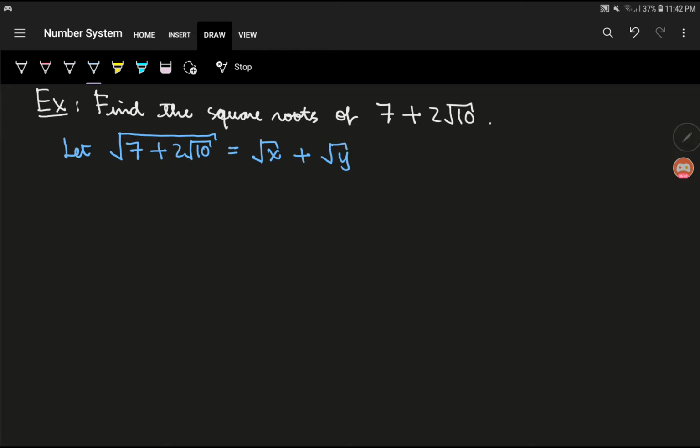So we begin with this step. Let √(7 + 2√10) be equal to √x + √y.